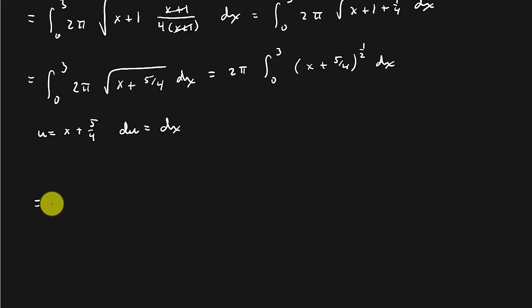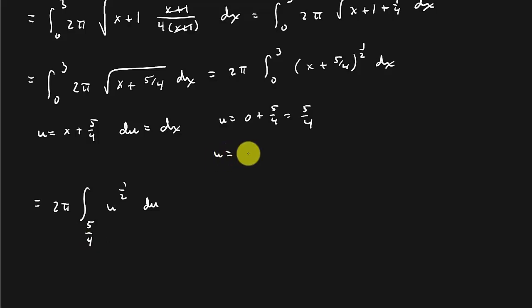And so that is going to give me 2 pi times the integral of u to the 1/2 du. Now, remember, since we changed our variable, we need to change our limits too. So I'm going to take the 0 and the 3 and plug them in for x to see what u is. So u is equal to 0 plus 5/4, which is 5/4. So there's our lower bound.